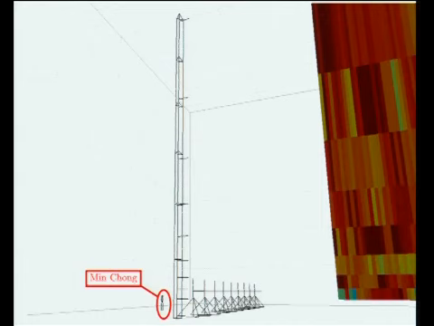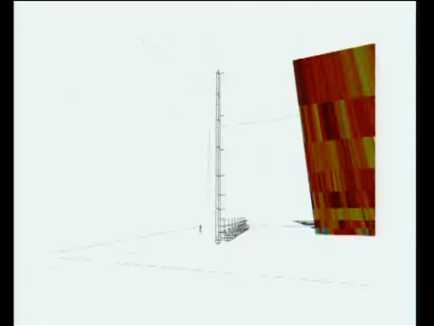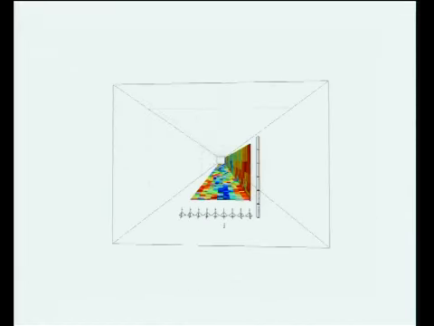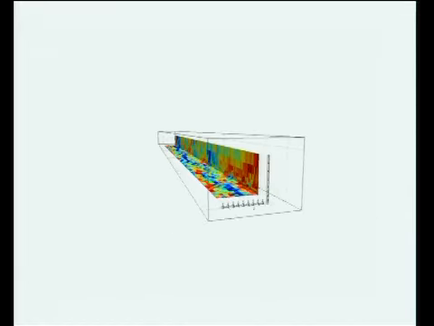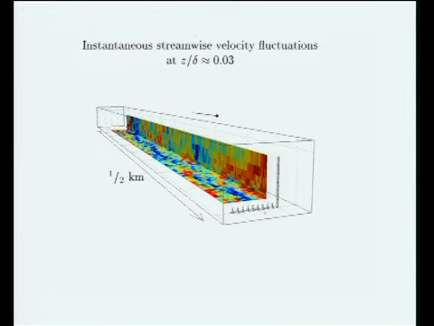It's all logarithmic. So what we want to do is just keep our eye on Min Chong as we look at some of the data. The color here is showing instantaneous streamwise velocity fluctuation. Red is high speed again, blue is low speed. So keep your eye on Min, and I hope this doesn't make anyone sick.